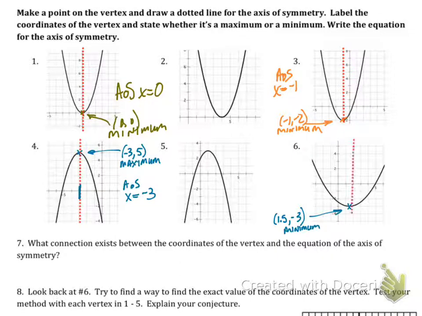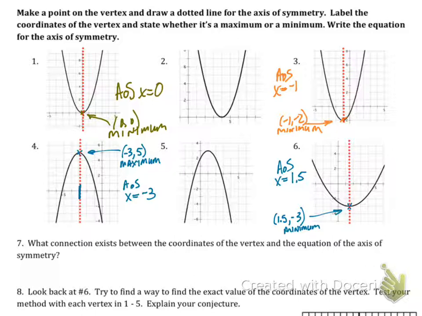Finally, once again, we need to create our axis of symmetry. And in this case, our axis of symmetry would be x equals 1.5. So if you notice here, there is a correlation.